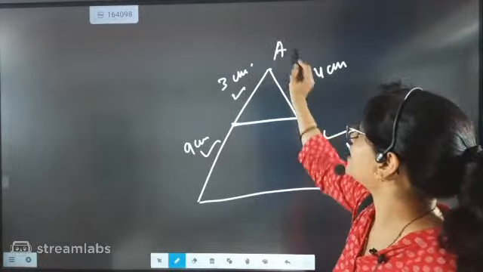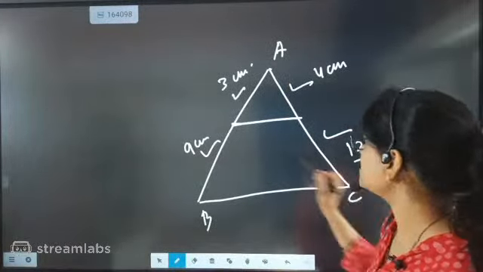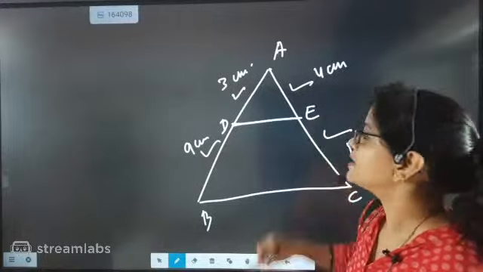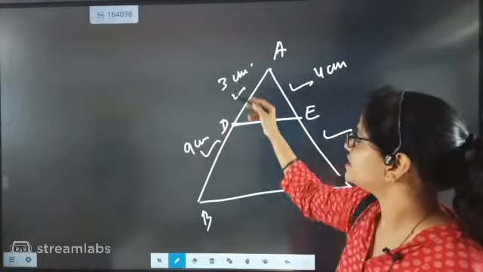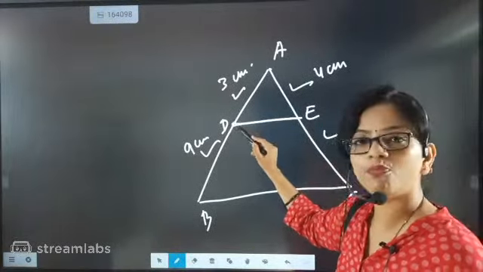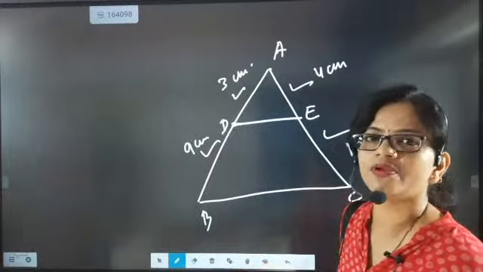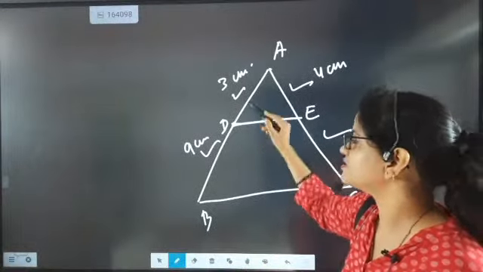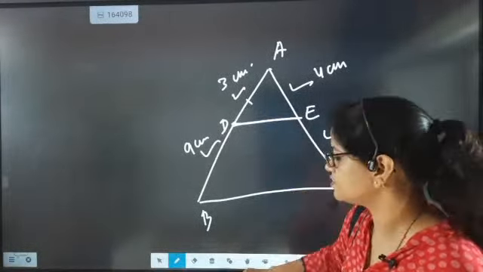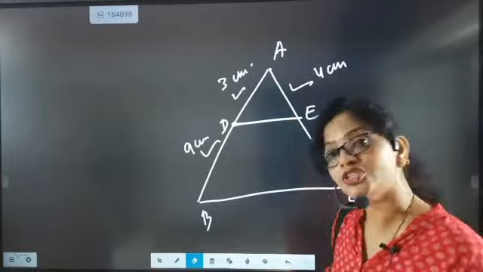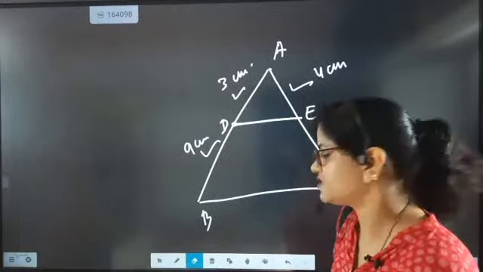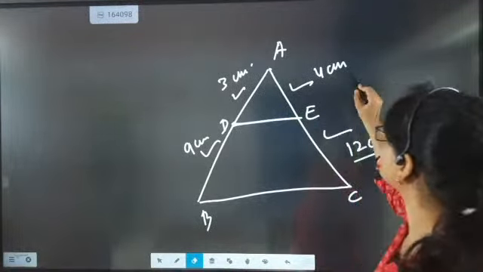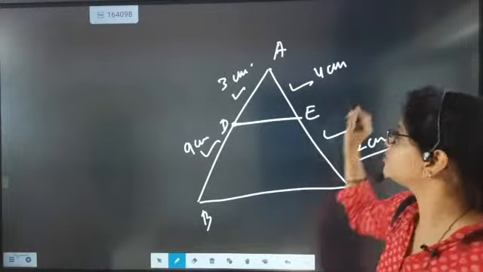That means if A, B, C, D and E are there, beta, then Kavya, understand, this is not the midpoint, or this is not the bisecting point. So this length will not be equal to this length, okay, but their ratio will be the same. Now look here, that means DE is parallel to BC.